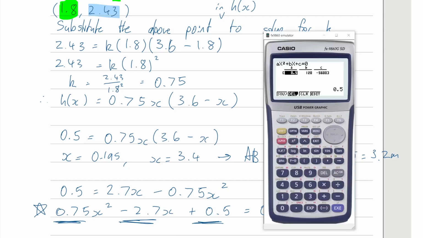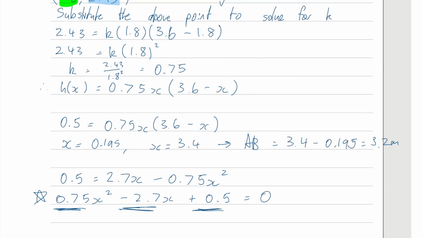In this case, A is 0.75, B is minus 2.7, and C is plus 0.5. And we hit F1, which is solve, and we get the same answer. x is 3.4 or 1.95, or 1.96 rather. And to find the length of AB, we just find the difference.